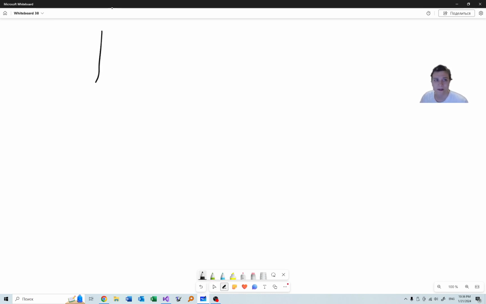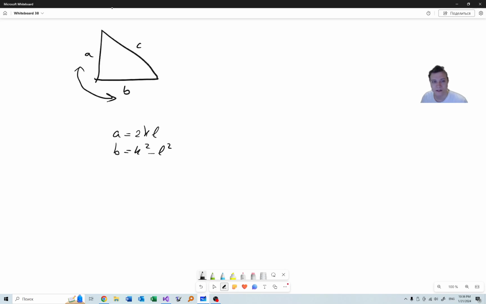So if we have a Pythagorean triple a, b, c, it's well known that actually you can maybe swap these numbers a and b in such way that a becomes 2kl, b becomes k squared minus l squared, and c becomes k squared plus l squared.